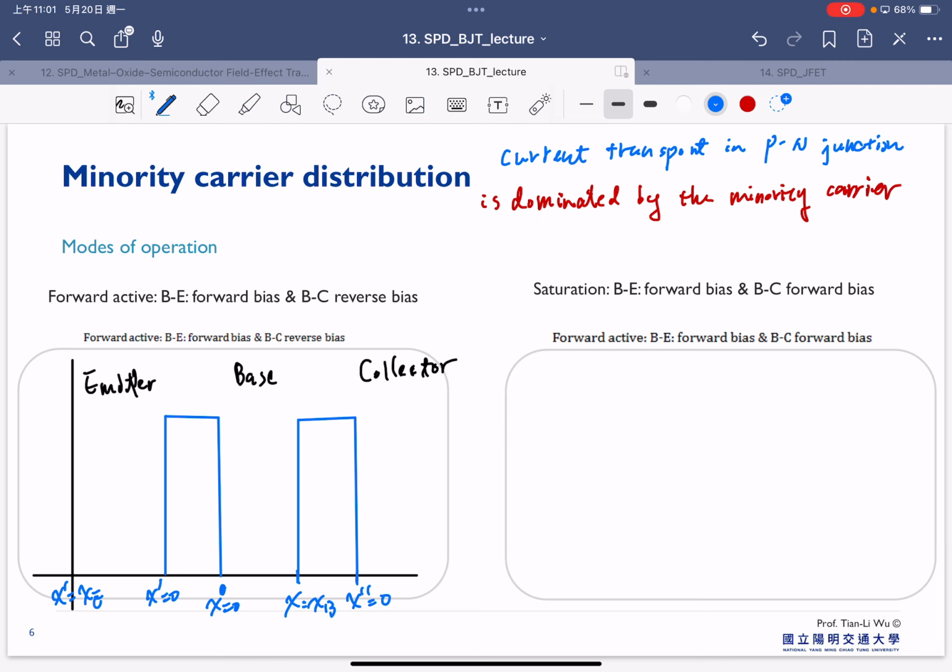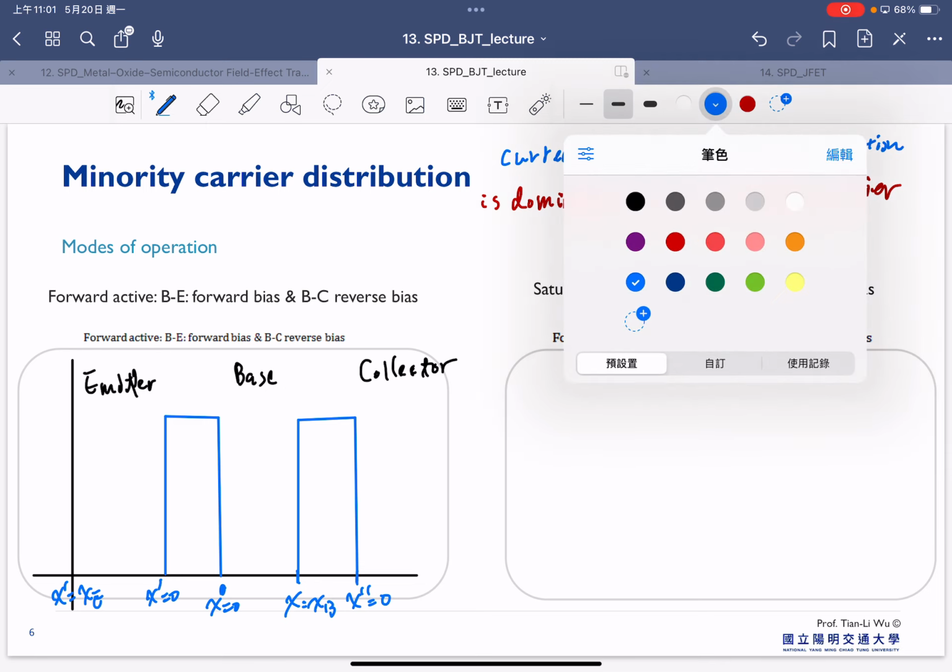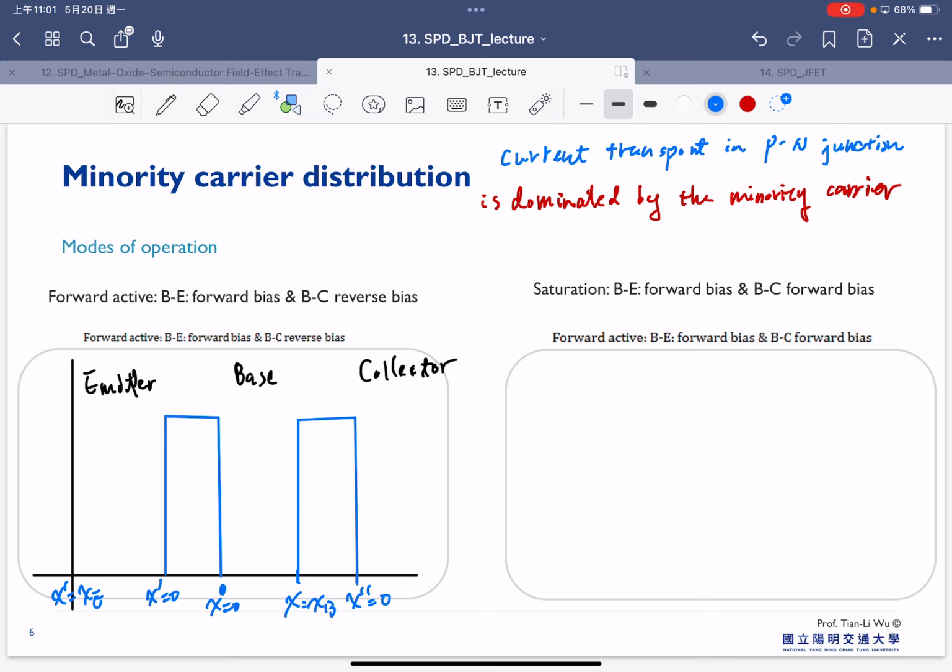So from this definition, the direction is shown here. So that's the direction for these three different coordinates.